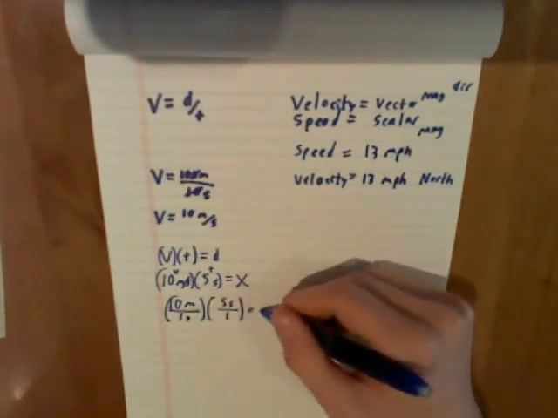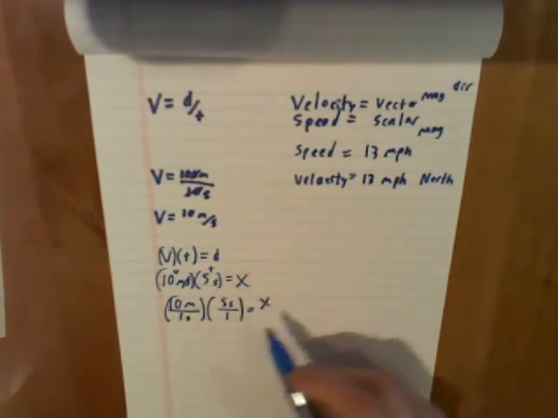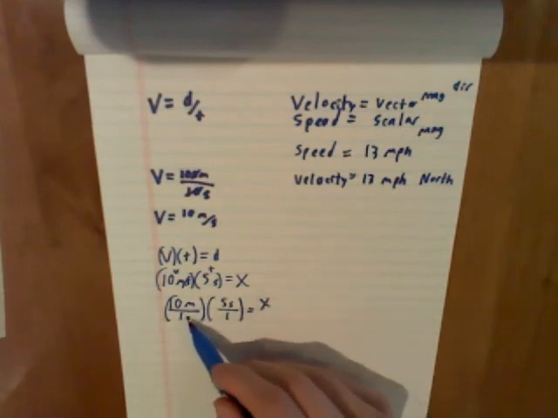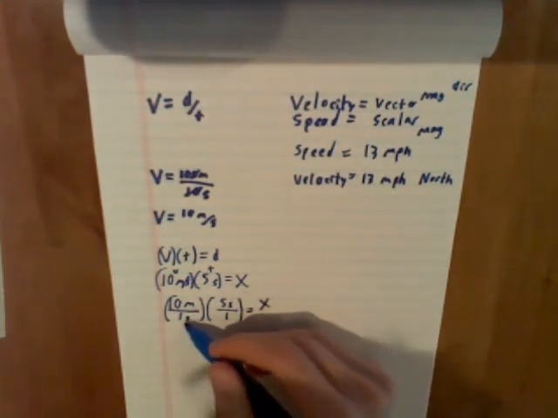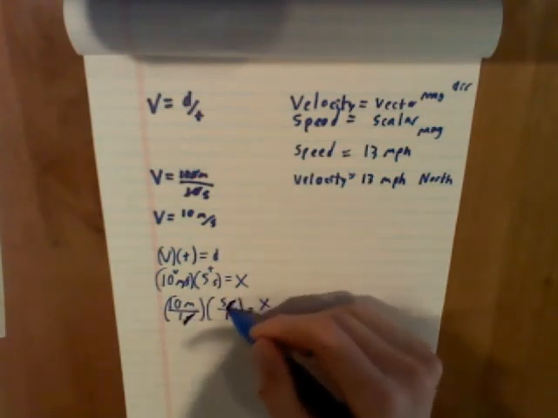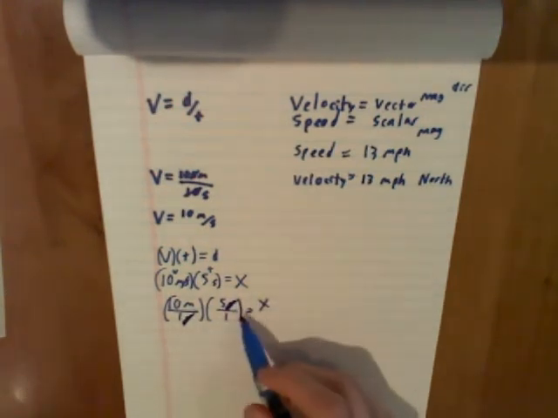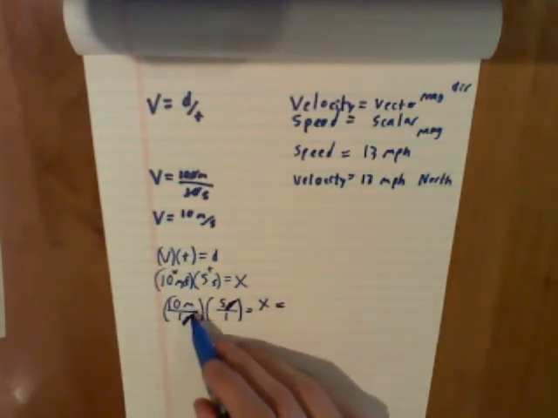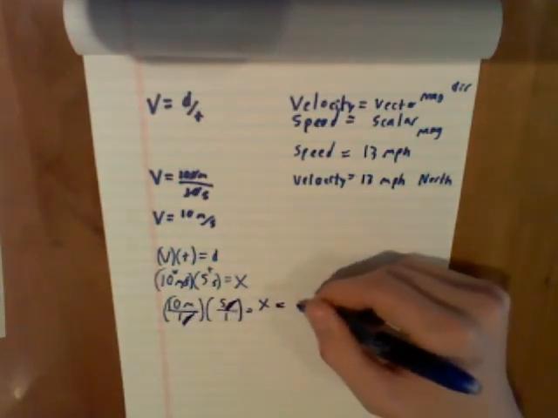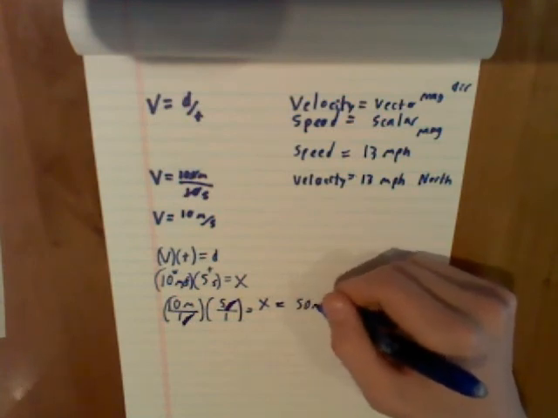That will give us our x still. We see that there's an s on the bottom and an s on the top, so the s's can cancel out. Now there are no more seconds. It is now just 10 meters times 5, which gives us 50 meters.